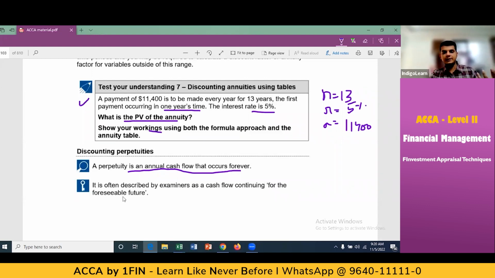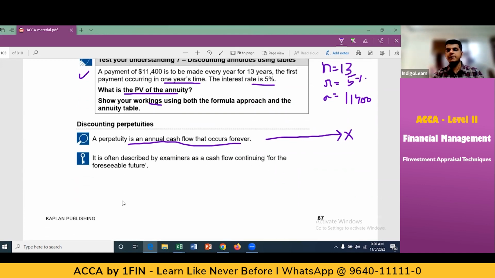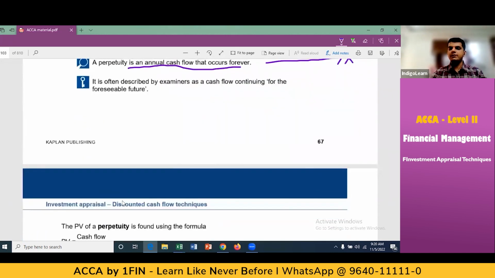Just memorize it as receiving for the entire period, with no end. It is often described by examiners as a cash flow continuing for the foreseeable future. If I foresee any future, it is there. So basically you will receive for your entire life period or the life period of the business.